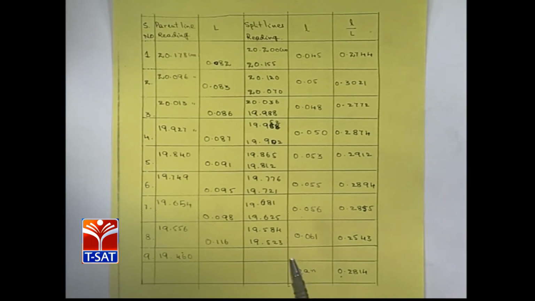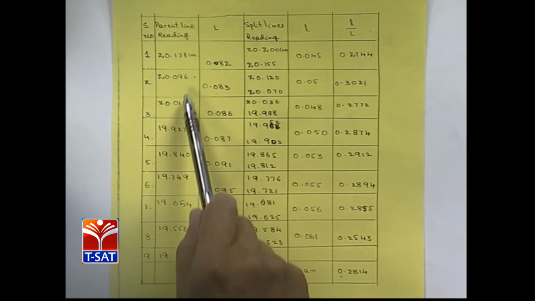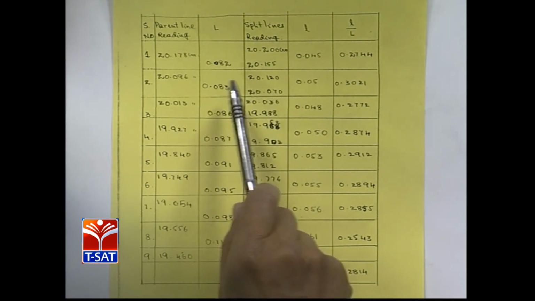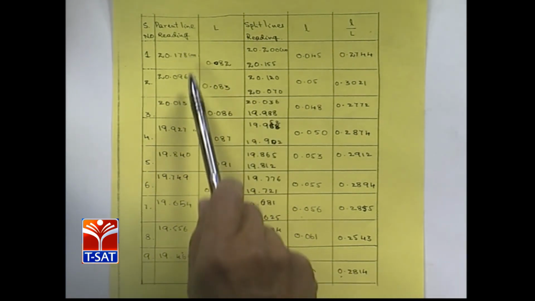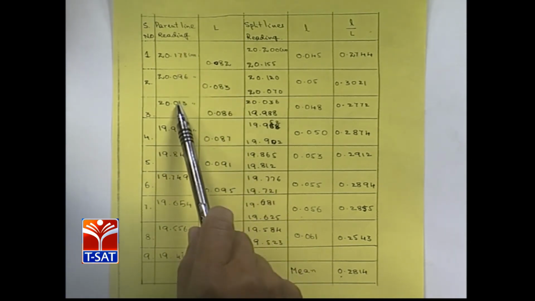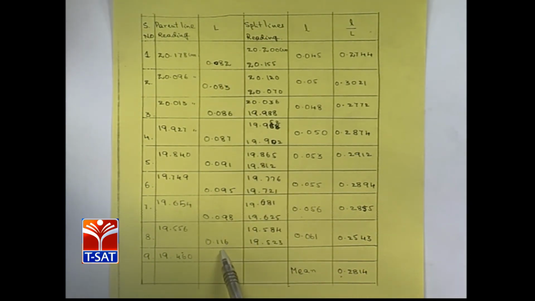Now you observe in this part of the chart, the first column is the parent line reading. These are the readings taken on the comparator, and if you take the difference between these two, you will get this L. Similarly, between these two, this L; like that all these L values are taken.